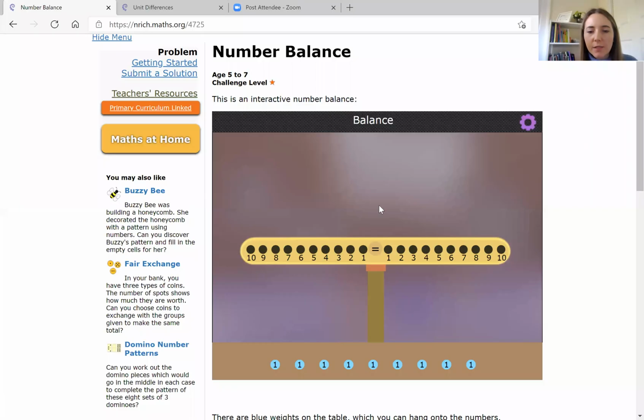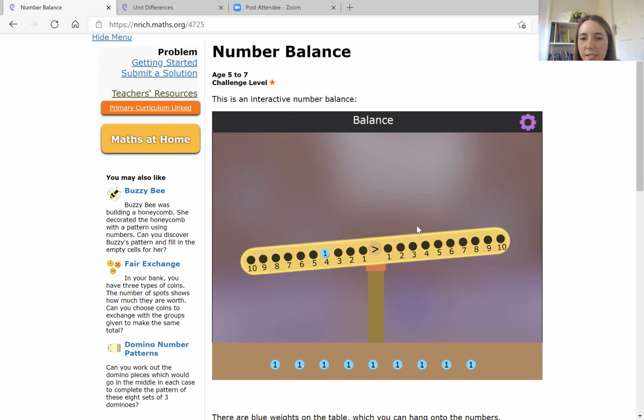So I'm going to show you it now, although it's definitely gone away from me. Hold on. So you're going to go to the website. There we go. You're going to go to the website, and this is the balance. So the question that you're experimenting with is, as soon as you put a weight on this balance here, so let's put this weight on there, it's never going to be even again.